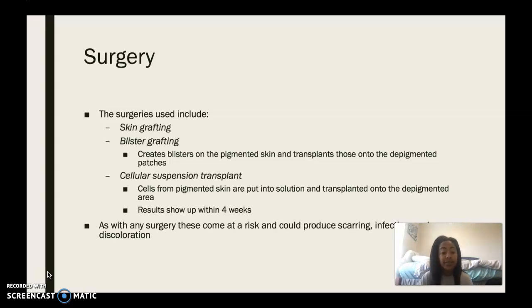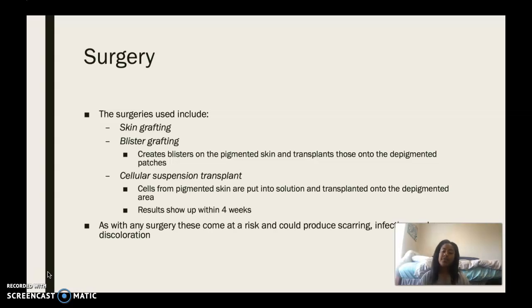Another thing is blister grafting, where they create blisters on pigmented skin and then transplant those onto the patches that are depigmented. And then there's also cellular suspension transplant, so cells from the pigmented skin are put into solution and transplanted onto the depigmented area.